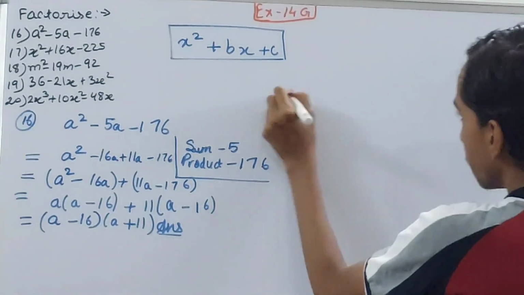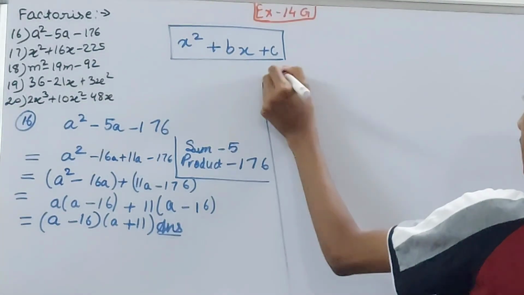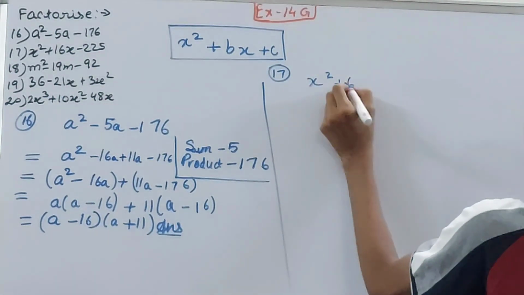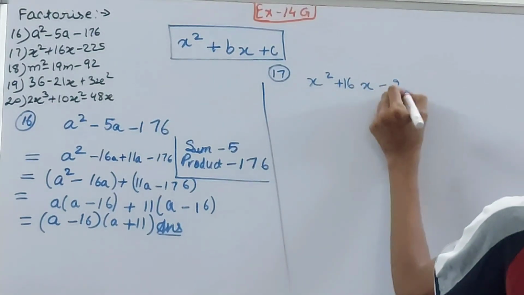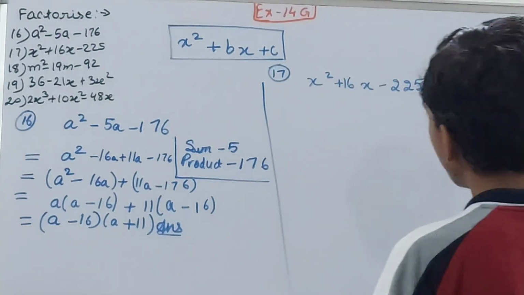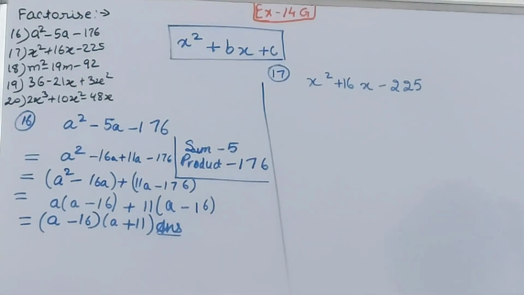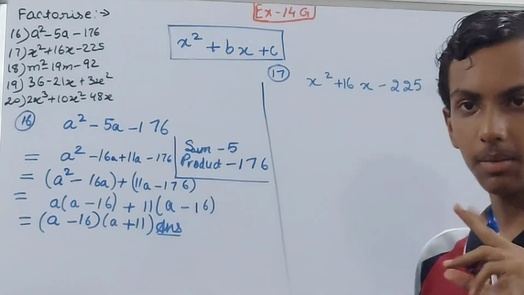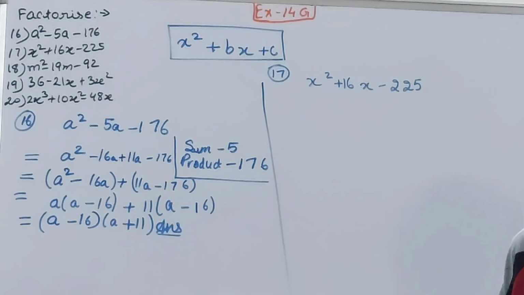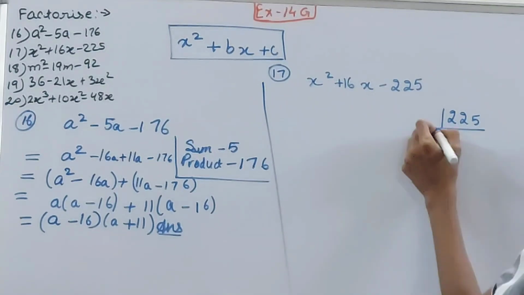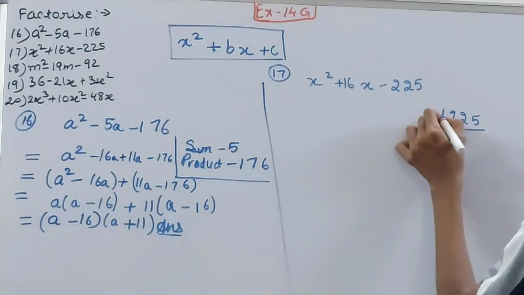Now see the 17th question. It says x square plus 16x minus 225. Once again, if you are unable to think of any factors of 225 whose sum is 16, what you will do is take 225 and prime factorize it.